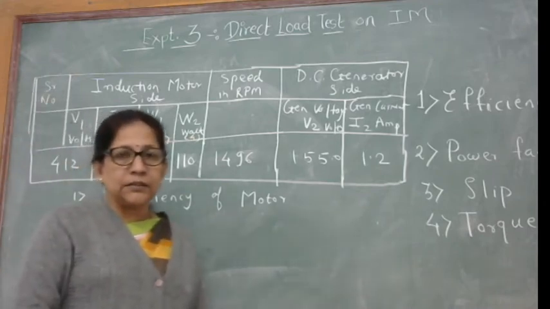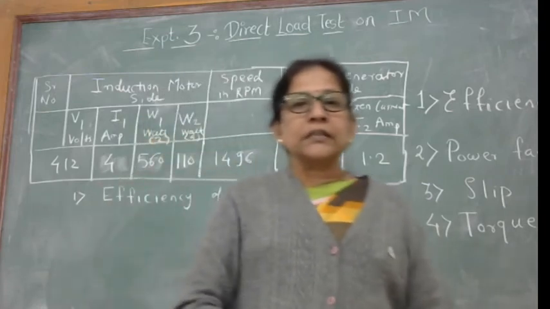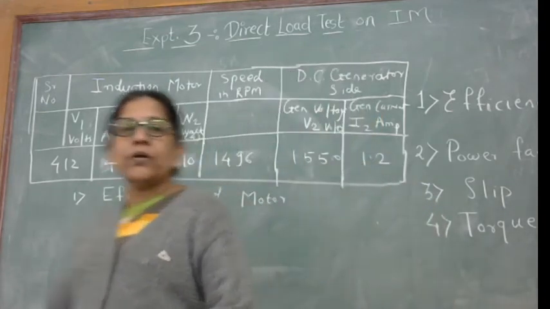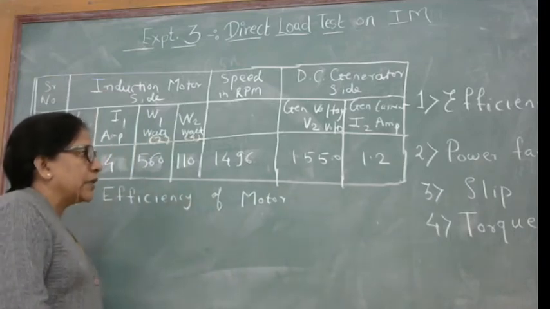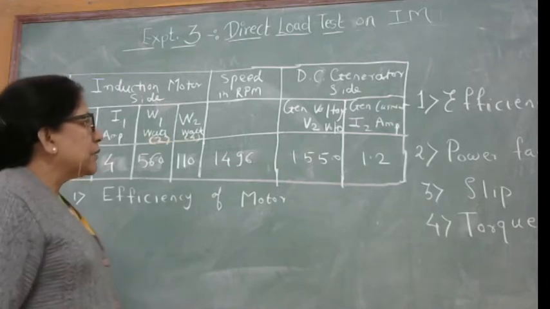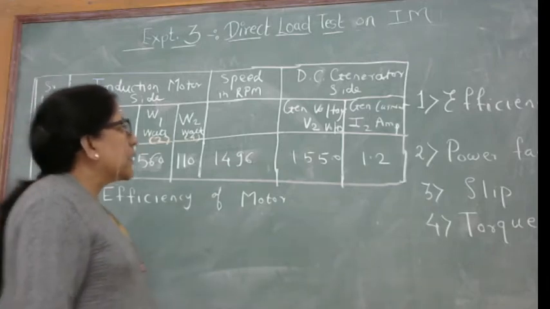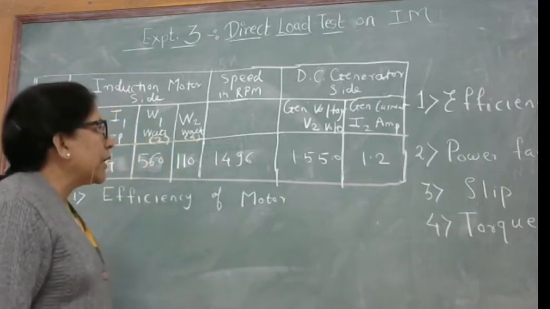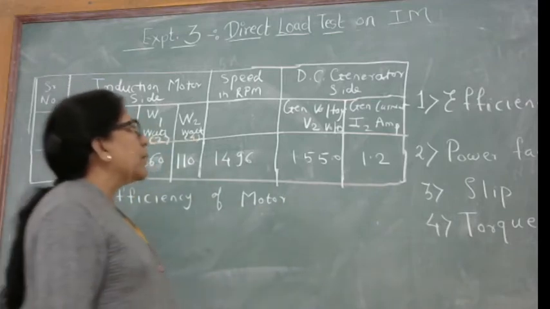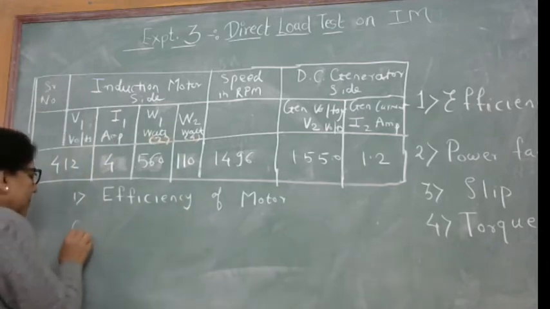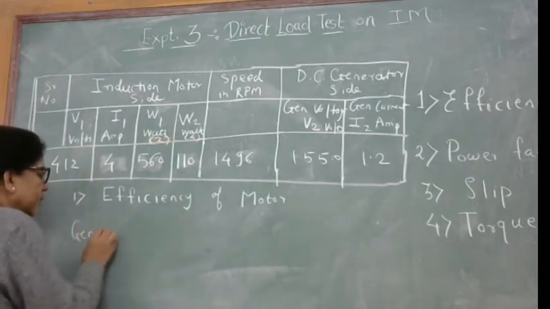We have used the concept that we are starting firstly the induction motor, we are connecting generator as load on the motor, and then we are connecting rheostatic bank as a load on the generator. So whatever is the power consumed by the load, that is the DC power, and it is nothing but the output of the generator. So first we will calculate generator power output.